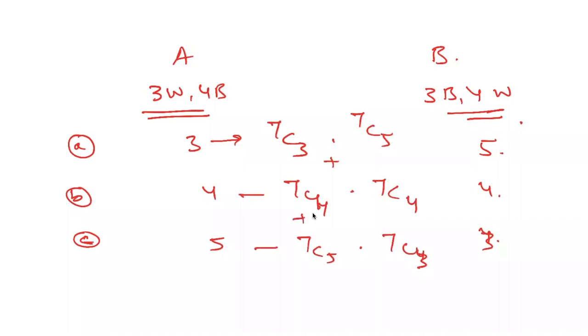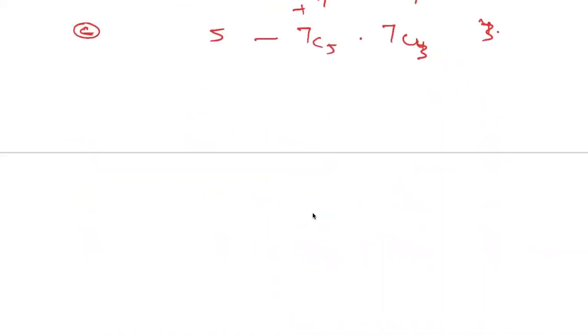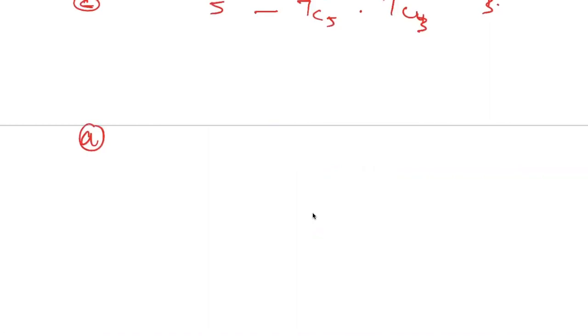But if there are restrictions, like in the first case we are saying we have to select 8 balls, 4 white and 4 black, then interlinked cases will arise, and we have to be very careful. Like in the first case, if I'm saying from bag A we have to select 3 and from bag B we have to select 5, right?